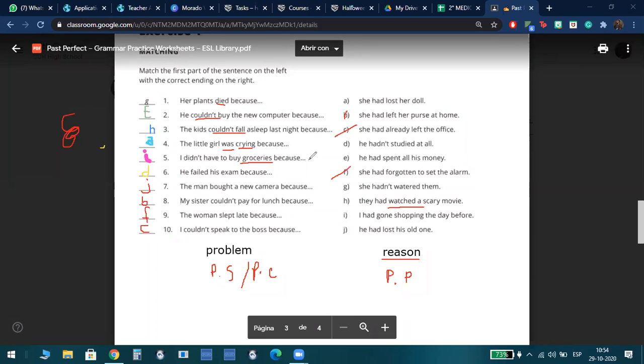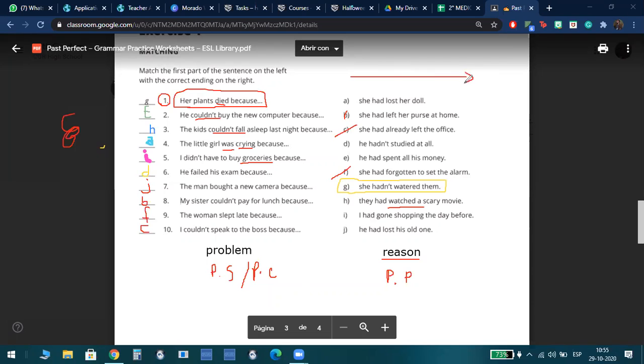Last class we talked about something really interesting. Let's take number 1. Her plants died because she hadn't watered them. What event is first, chronologically? She didn't water the plants.